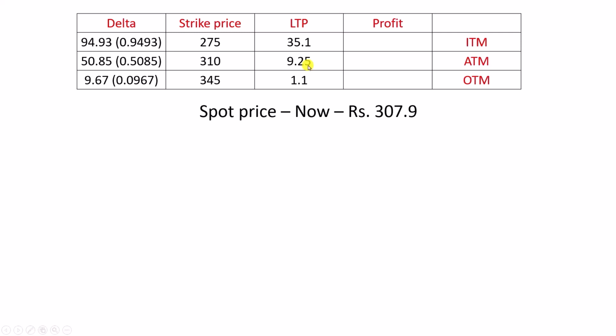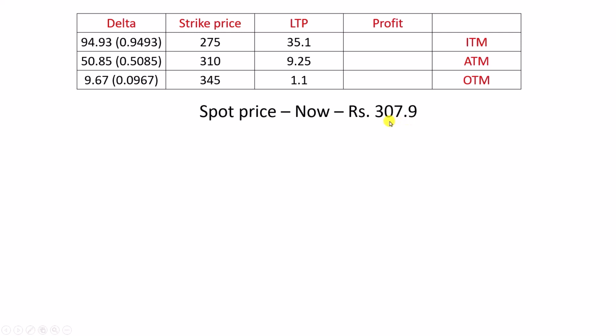Now, if you think about this value, how much does the premium increase when the spot price increases by 100 rupees? You can think of it like that. Meaning, now it is 307.9.